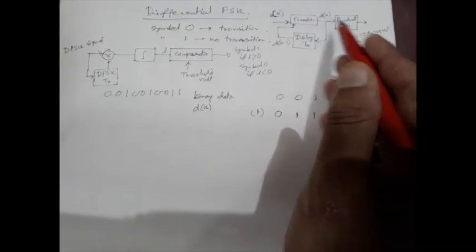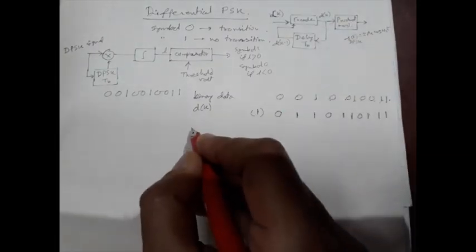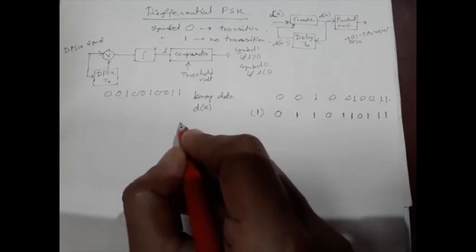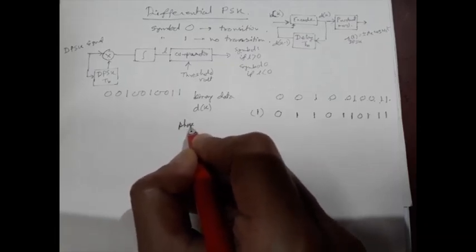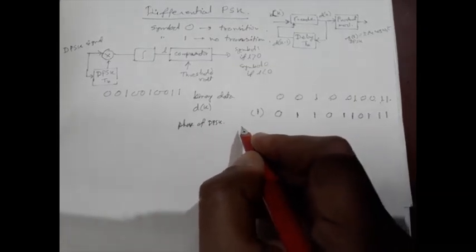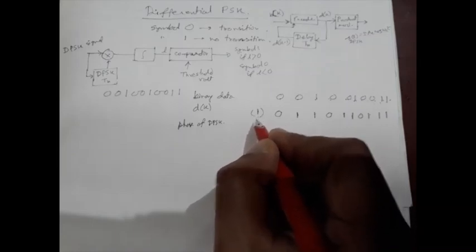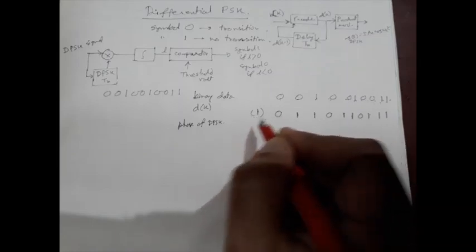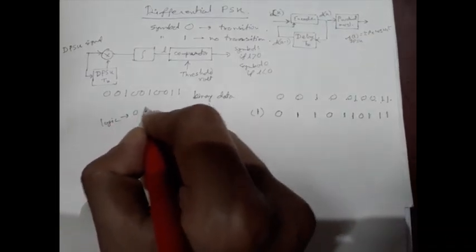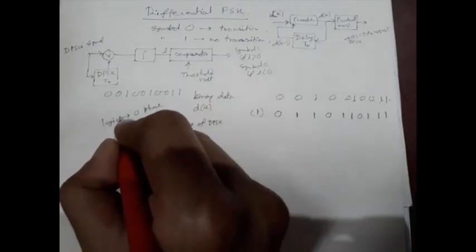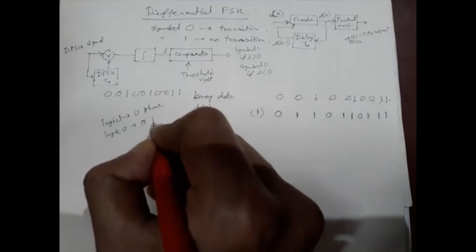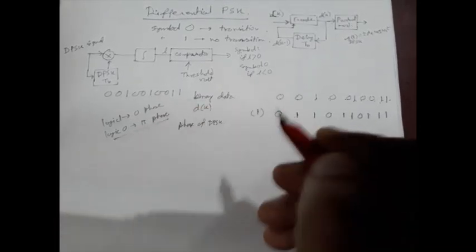That D is given to the product modulator. So the product modulator will generate the corresponding phase. We are more interested in the phase, so the phase of DPSK is controlled by the PSK modulator, and for the PSK modulator, logic 1 means 0 phase, and logic 0 means pi phase, the conventional method.